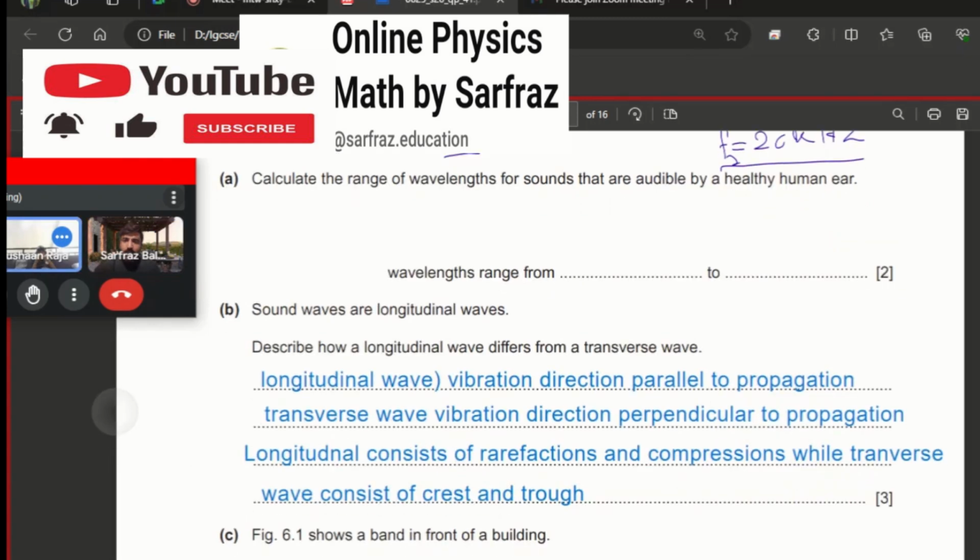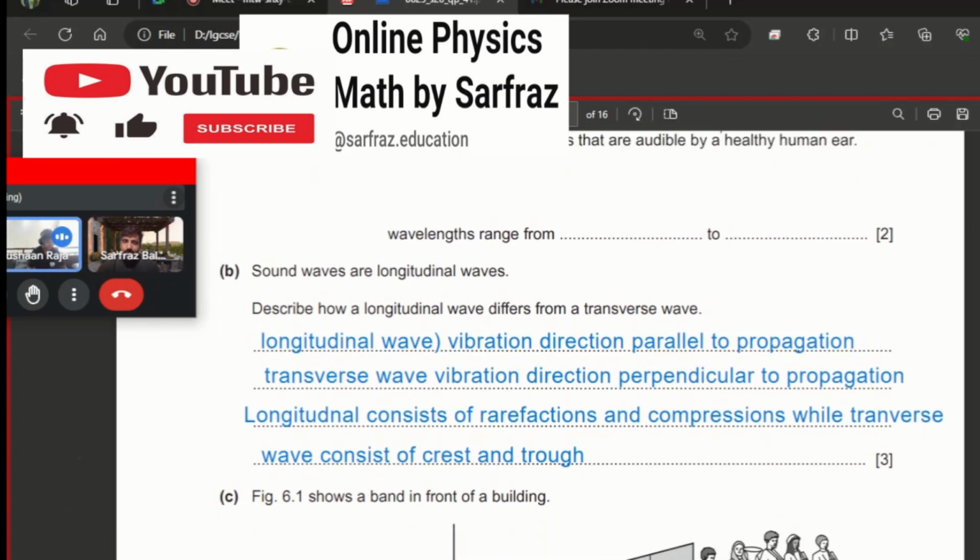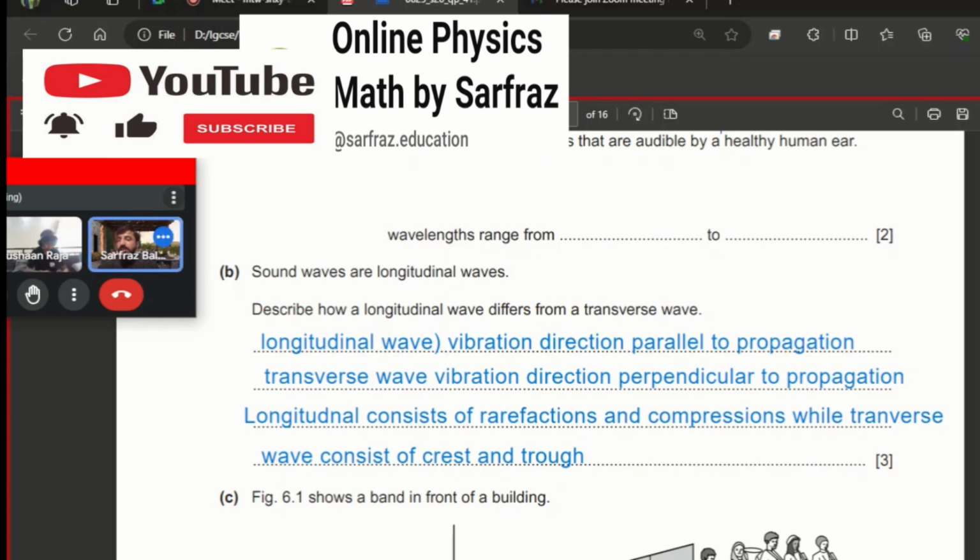Next question says that the speed of sound in air is 340 meters per second. Calculate the range of the wavelength for the sound that is audible by a healthy human ear. So what is the audible range of the human ear?